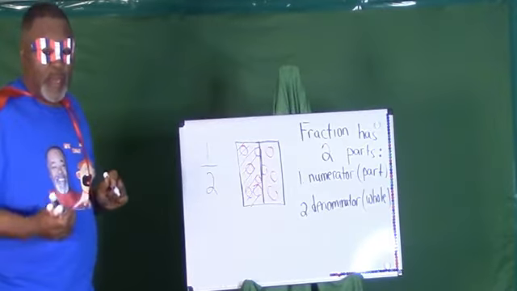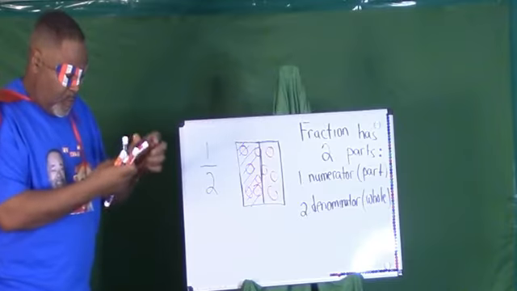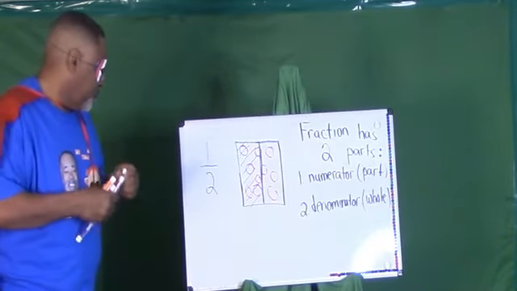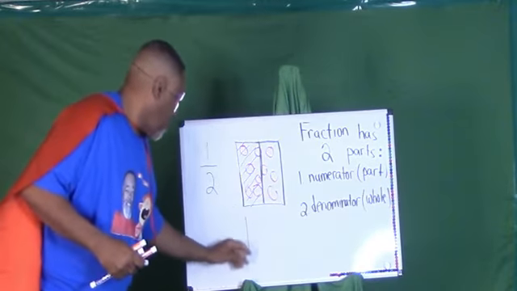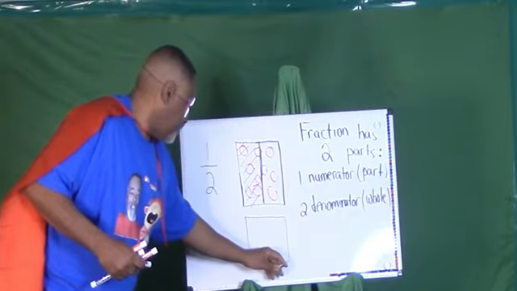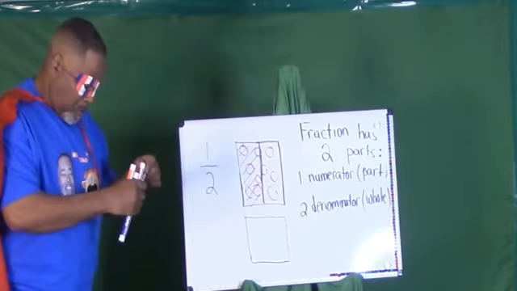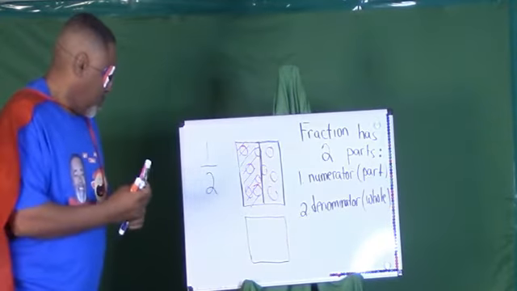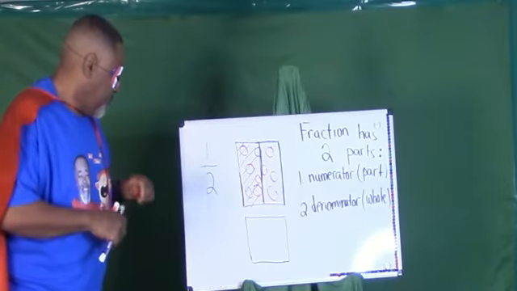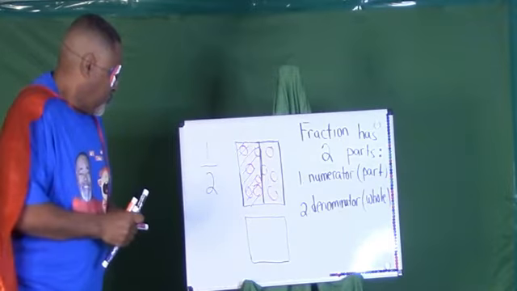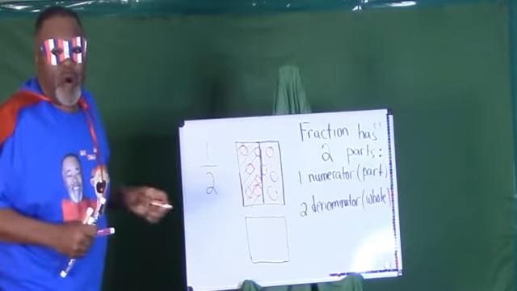All right, let's try another one. We're going to draw another pizza. Deep dish pizza. Put the pepperoni in there. And I'm using the pizza because you all love pizza.